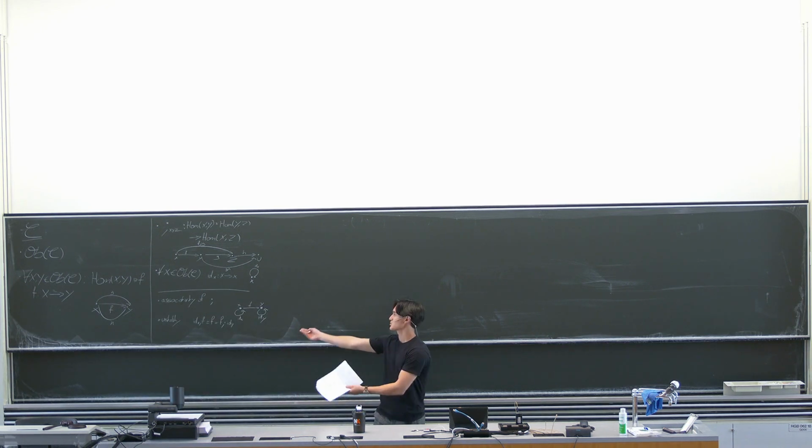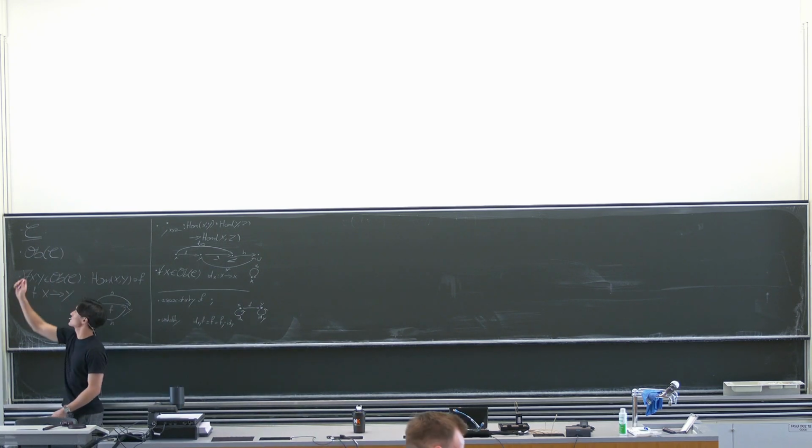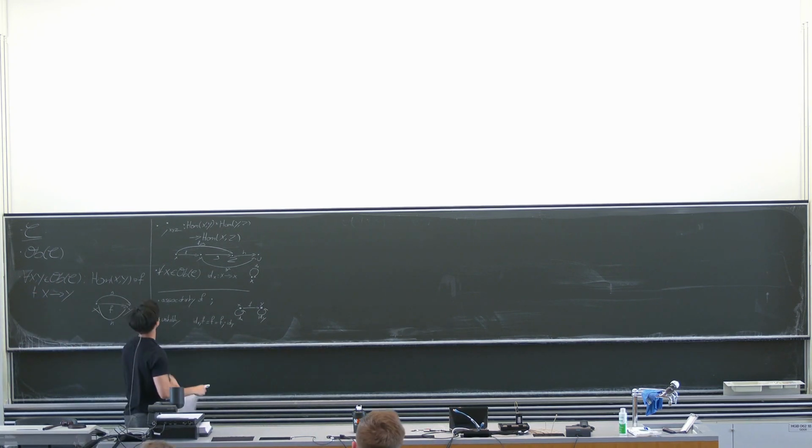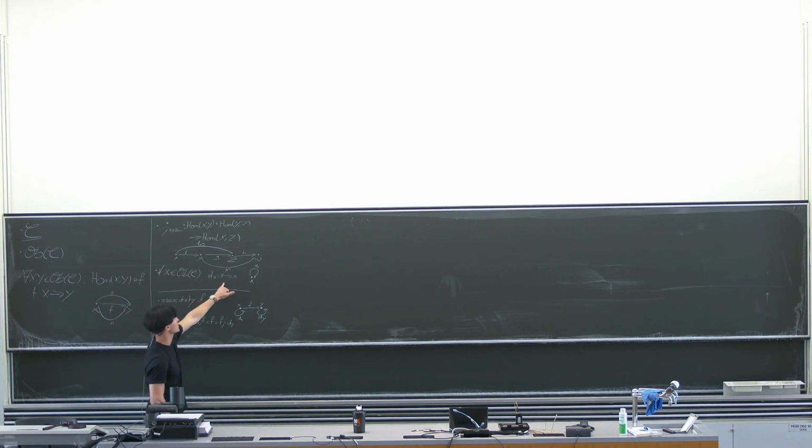So maybe this has been a bit intuitive on what it is, and a very simple example would be sets. If you consider that objects are sets, morphisms are functions, this is simple function composition, and this is the identity function over the sets. Well, we get associativity for free, and this holds quite simply, okay?